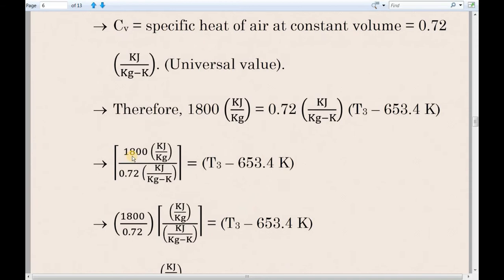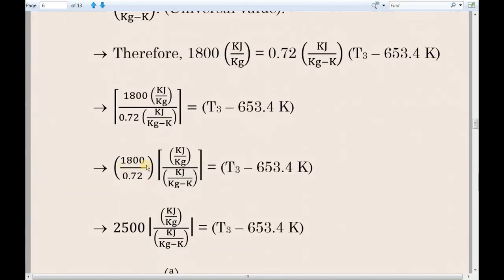We get 1800 kJ per kg whole divided by 0.72 kJ per kg Kelvin is equal to T3 minus 653.4 Kelvin. In this LHS, split the numerical terms and units. We get 1800 divided by 0.72 into kilojoule per kg whole divided by kilojoule per kg Kelvin is equal to T3 minus 653.4 Kelvin. In this LHS, 1800 divided by 0.72 is 2500.